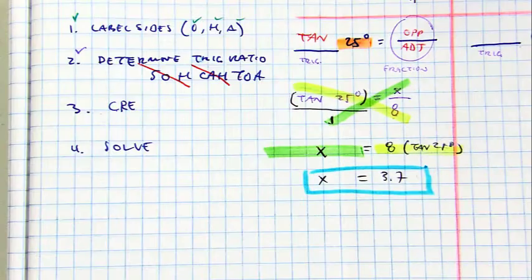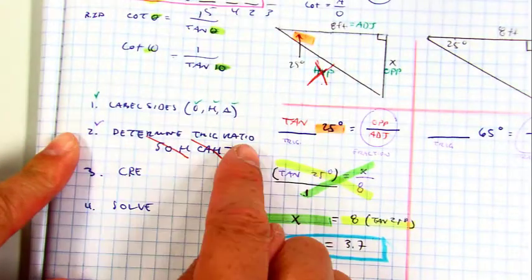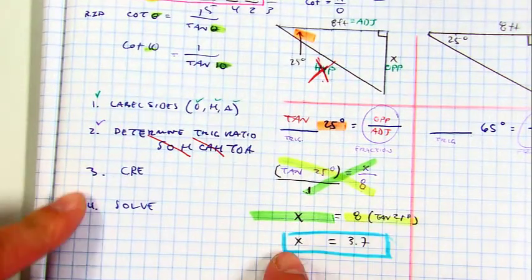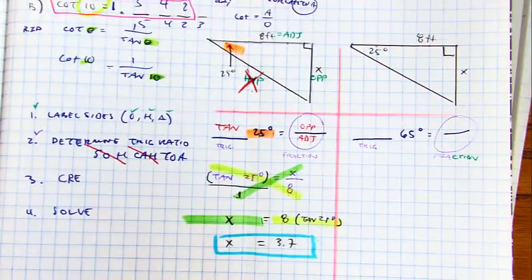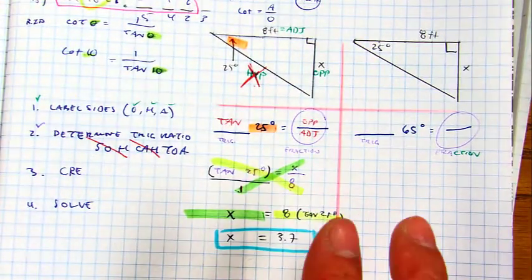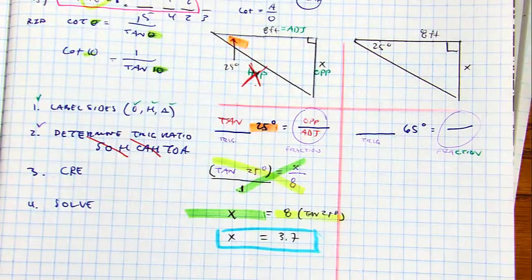So to review, start with your given angle and label it. Determine the trig ratios. I showed you two different ways. Get a calculator-ready equation and then solve. Now before I let you guys process, on this side you're doing the same triangle, but I have how many degrees? 65.